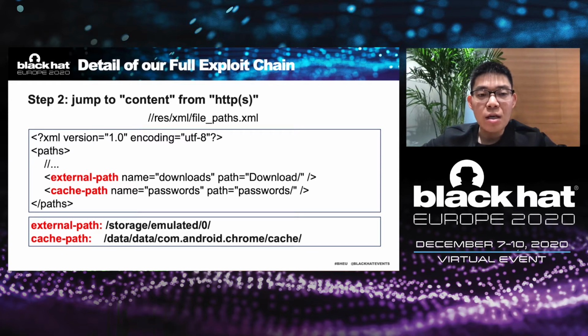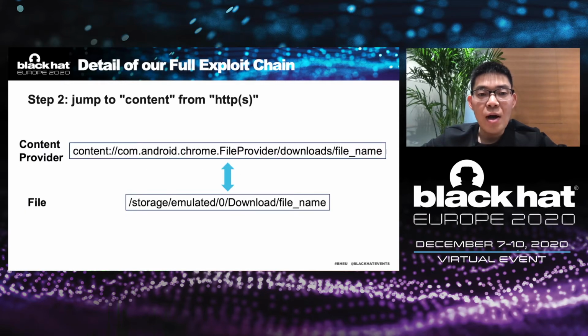And the external path represents the external storage path, usually the result of the Environment.getExternalStorageDirectory API. And the cache path represents the private cache directory of the Android Chrome app. For example, the above content URI on content provider level will be mapped to this file path on file level.